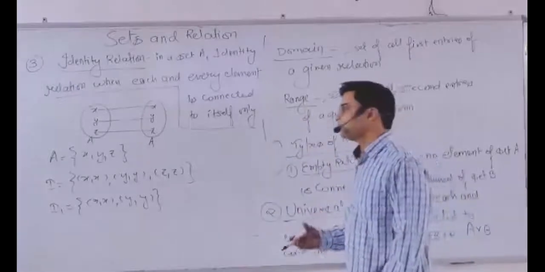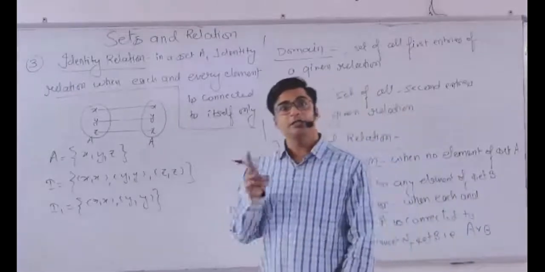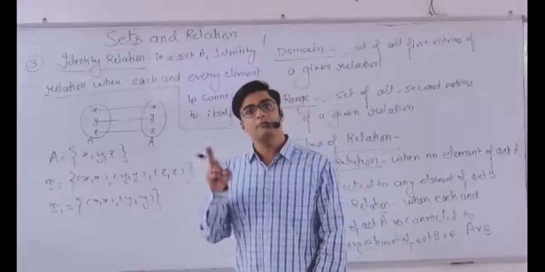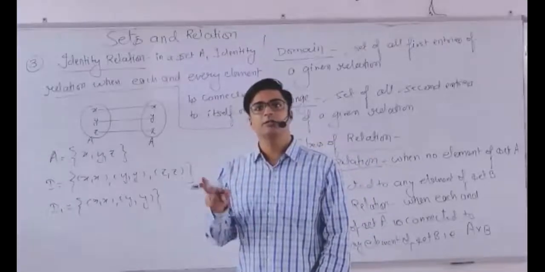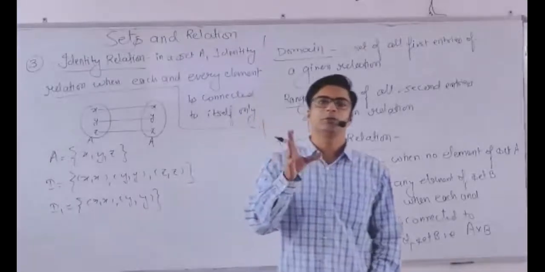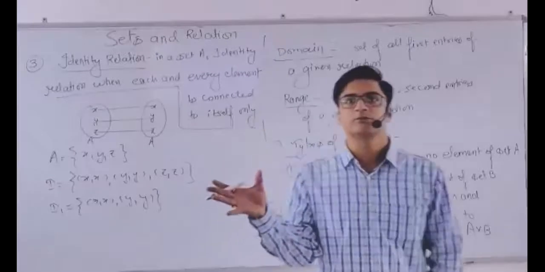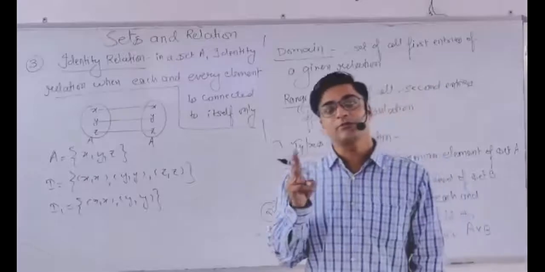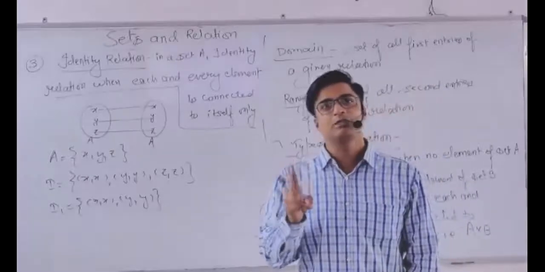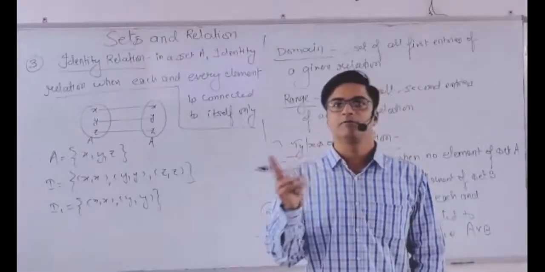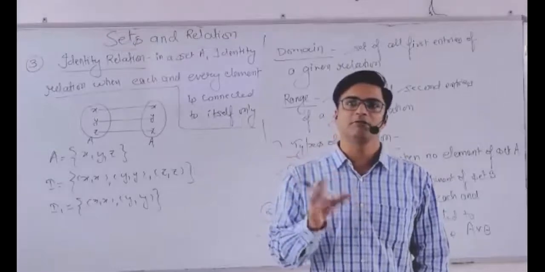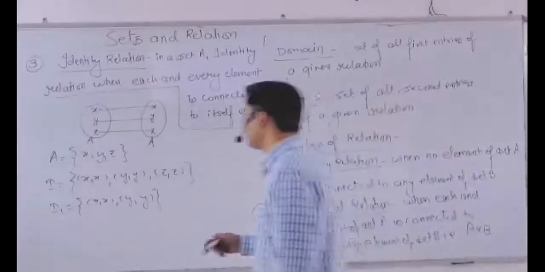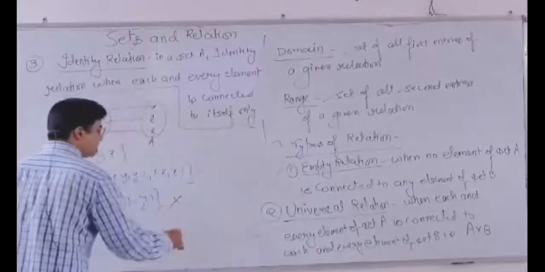Understand. In identity relation, each and every element must be connected. That means no element should be left out. Each and every element, first of all, they all must be used, and with itself only. Okay. So I1 is not an identity relation.